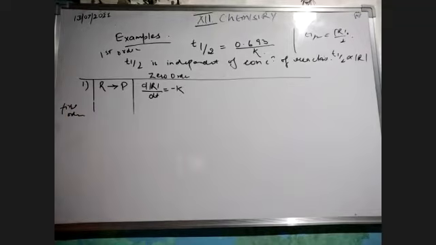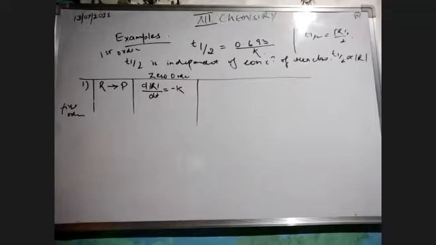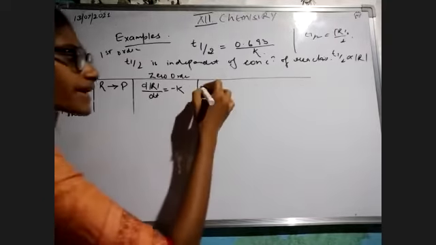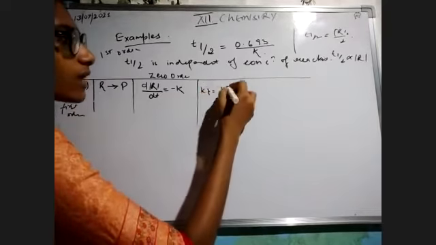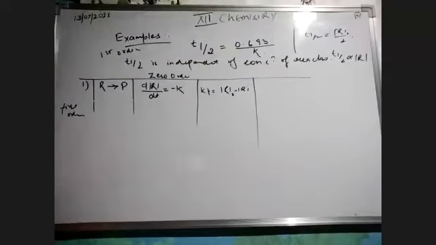Okay, dR by dt equals to minus kR. This is my differential rate equation. If I'm talking about the integrated rate equation for zero order, we have got kt equals to R0 minus R. Clear?